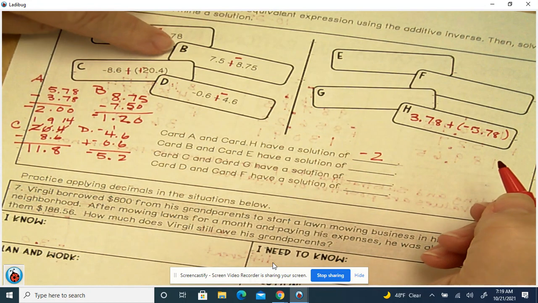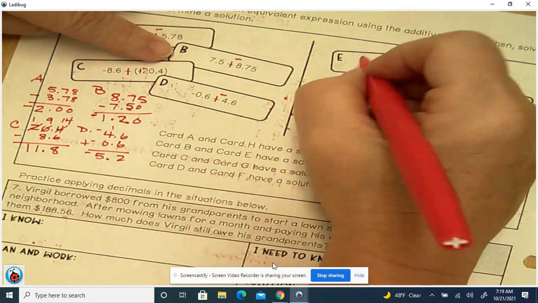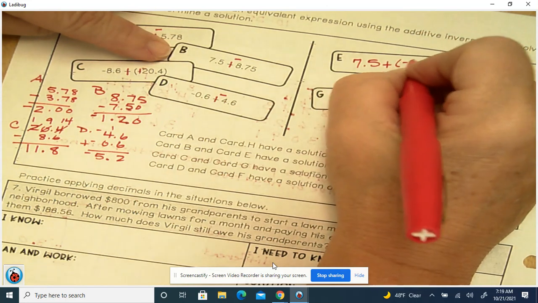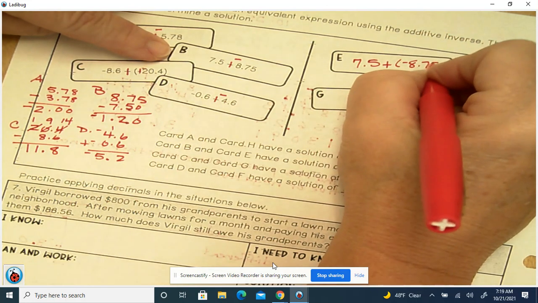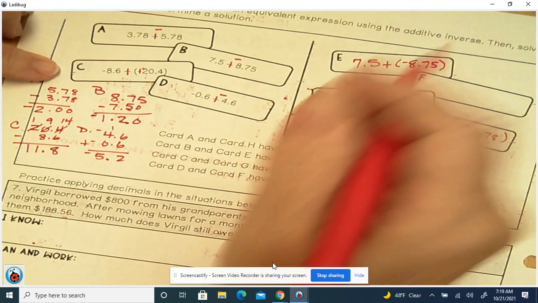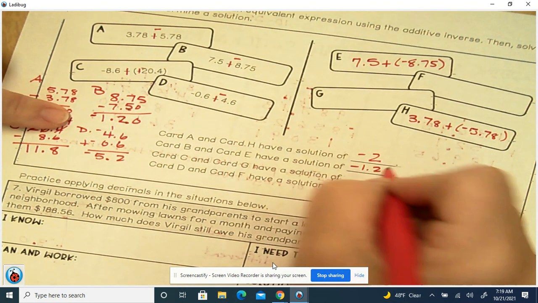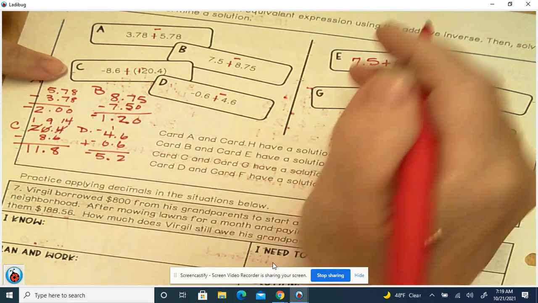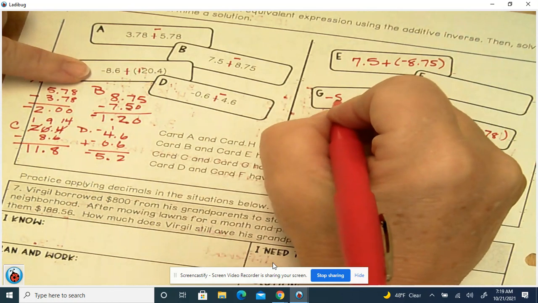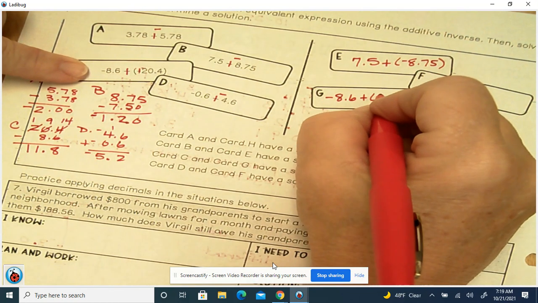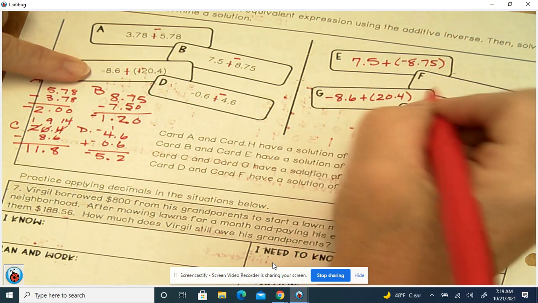All right. Then B goes with E. So we got 7.5 plus a negative 8.75. And that gives us a negative 1.2. C goes with G. So we got a negative 8.6 plus positive 20.4.